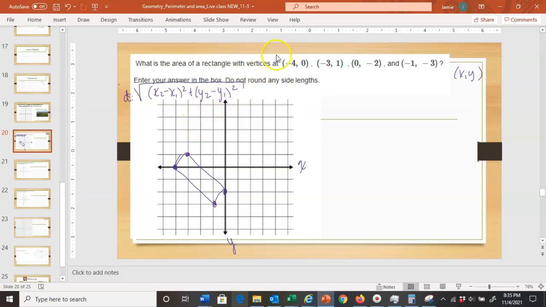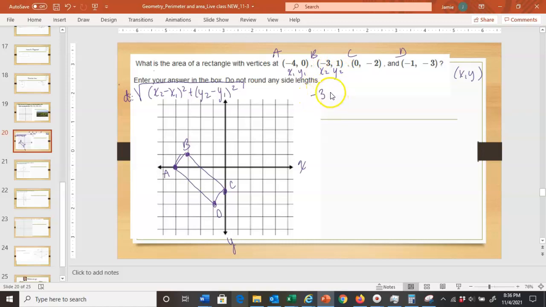All right, so let's give these points some labels. I'll call them A, B, C, and D. So let's find the distance between A and B. Once we label the points, x1, y1, x2, y2, all we have to do now is plug those values into our formula.